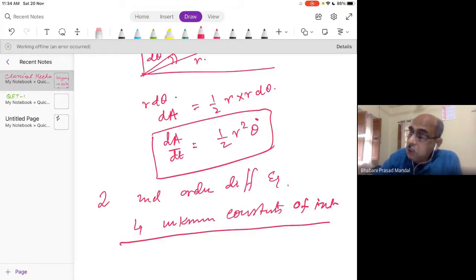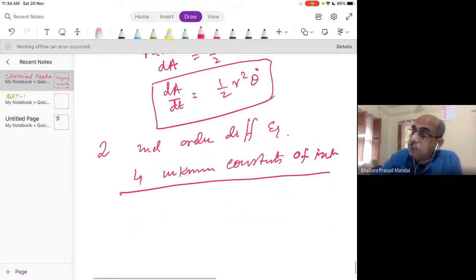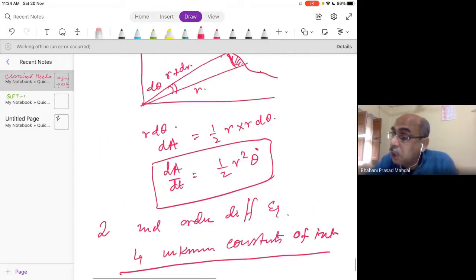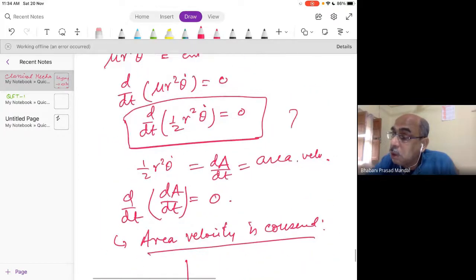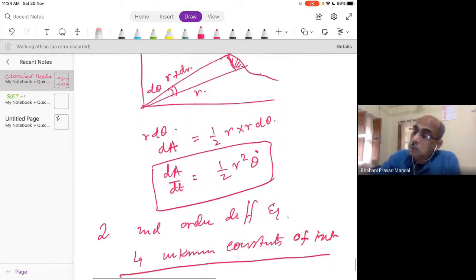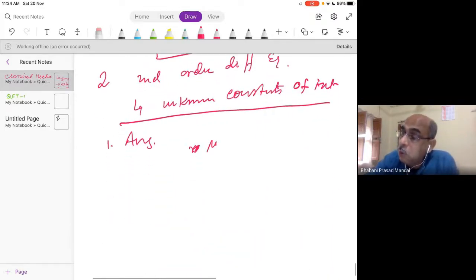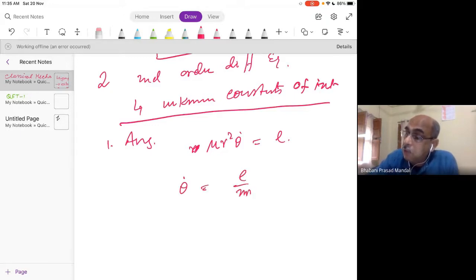So already we know that angular momentum is conserved, and that is written with mu, not m. I should not write m. It is mu actually. So mu r square theta dot equals L, which is constant. From here you can find theta dot is L by mu r square.